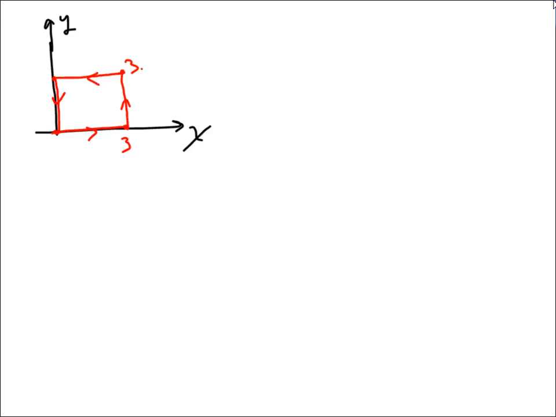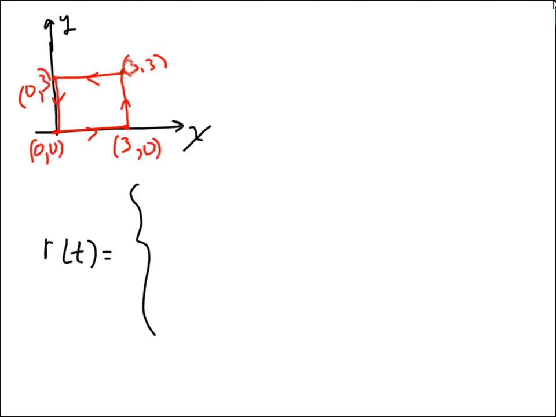The corner points are (3, 0), (3, 3), (0, 3), and (0, 0). Now, how would you describe this?